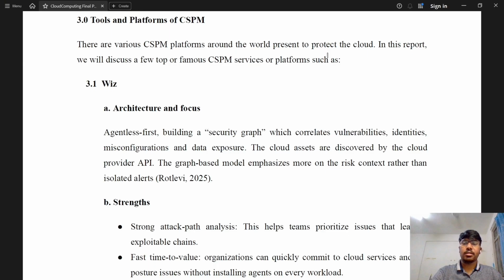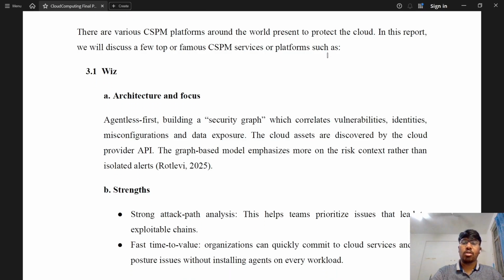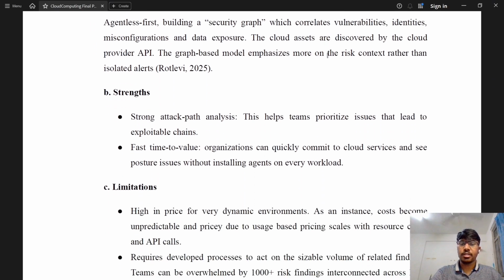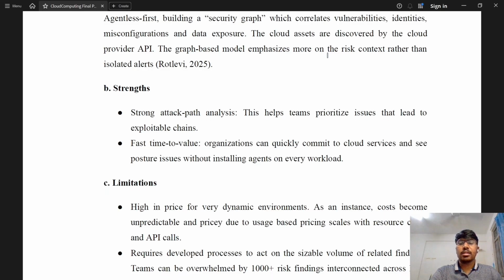What are the strengths? A strong attack path analysis, where it shows exploitable chains of issues. Second is the fast time to value, with quick deployment without agents on every workload. Next are the limitations.